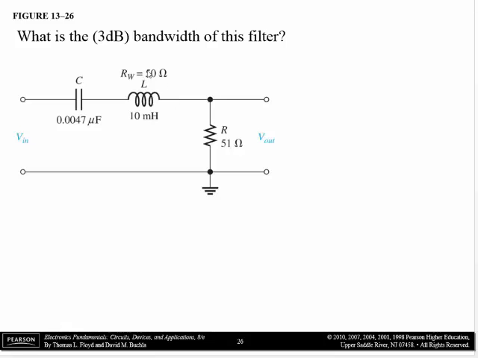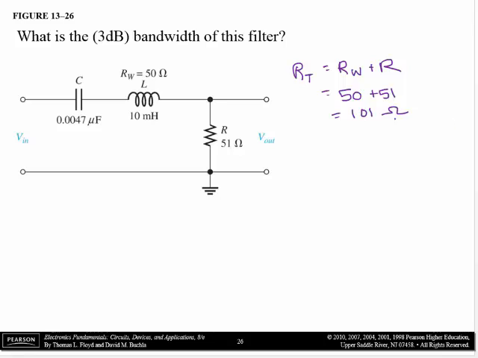So you have to be careful of that, because you want to make sure that you are using the total resistance when you calculate the 3 dB bandwidth of this filter. Because we have a winding resistance included, our total is actually the RW plus the R. So that's 50 ohms plus 51 ohms, which is 101 ohms.